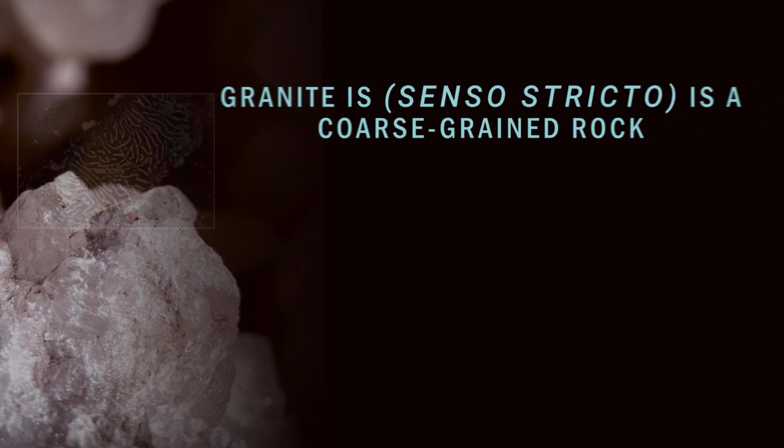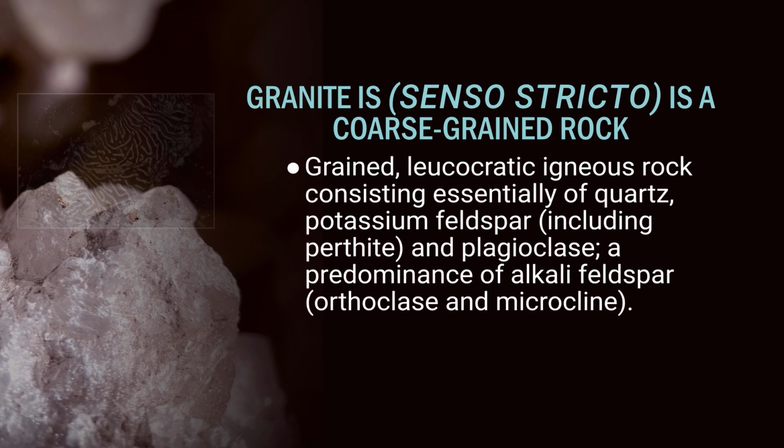Granite sensu stricto is a coarse grained leucocratic igneous rock consisting essentially of quartz, potassium feldspar and plagioclase, with a predominance of alkali feldspar. Leucocratic means light colored.